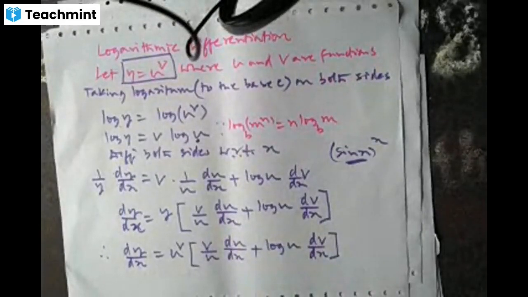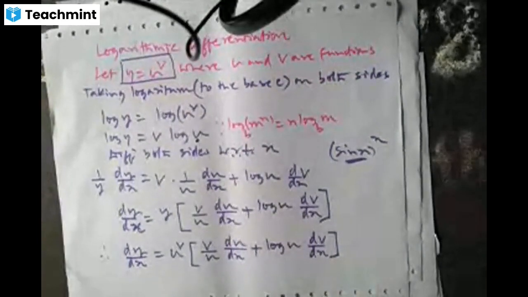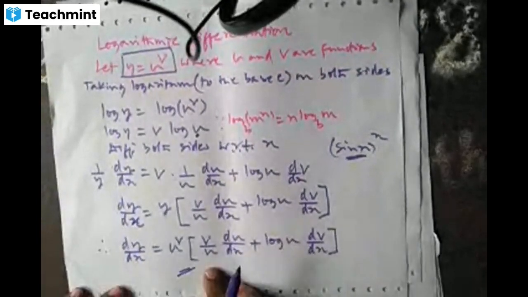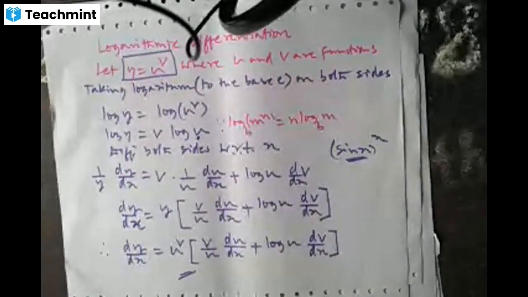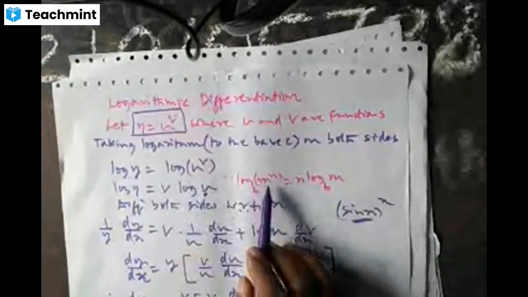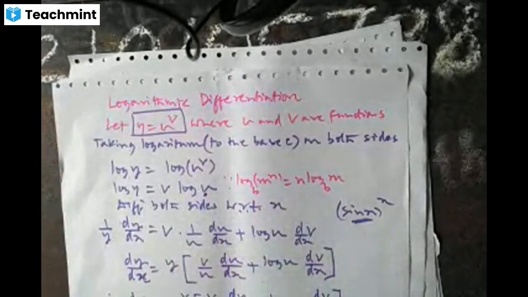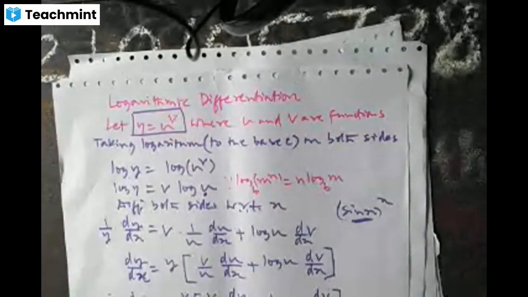Just remember the procedure. There is no need to remember this as a formula, okay? Whenever the given function is of the form y is equal to u per v, first take log on both sides, then use one of the properties of logarithm, and after that differentiate and find dy by dx.